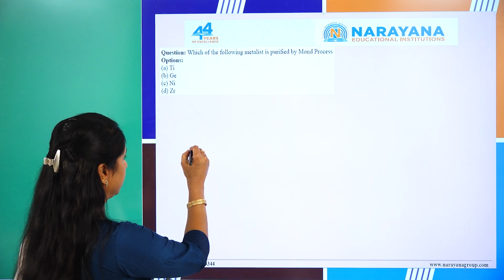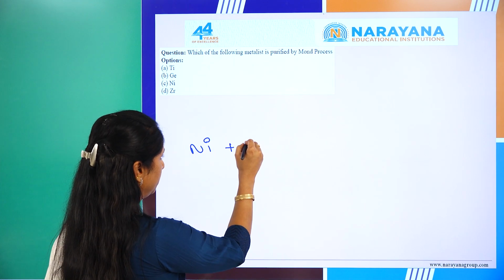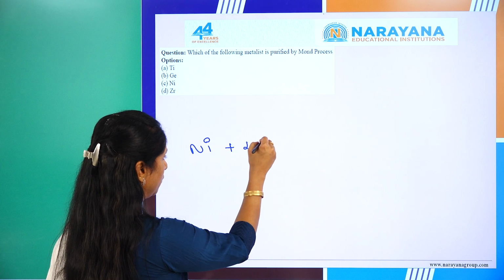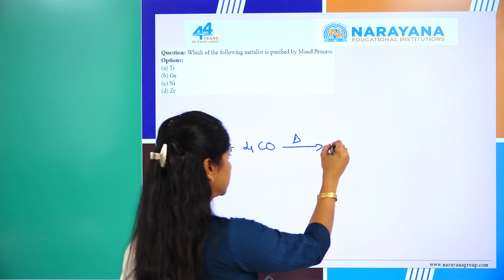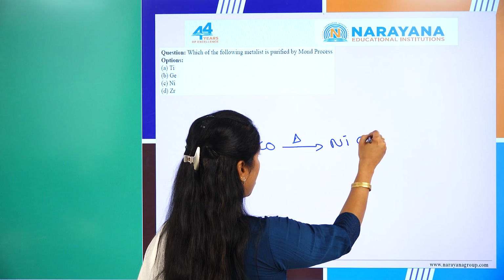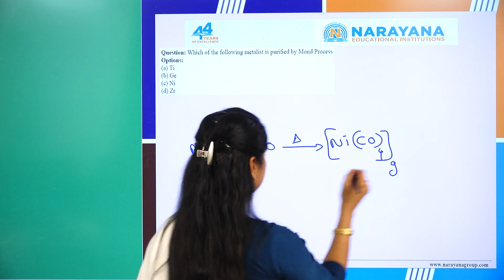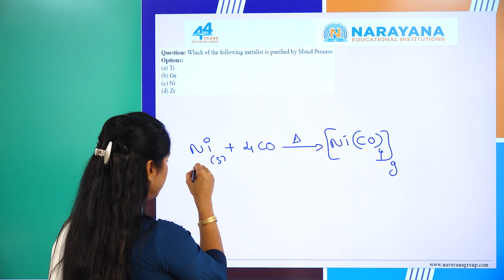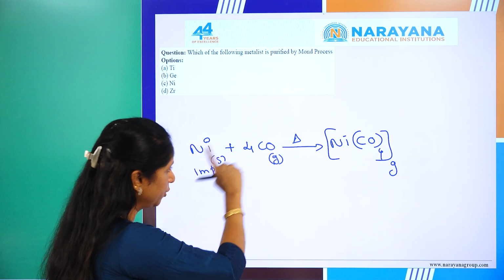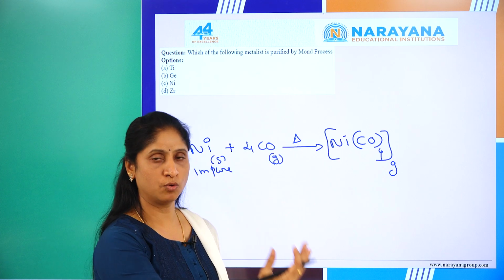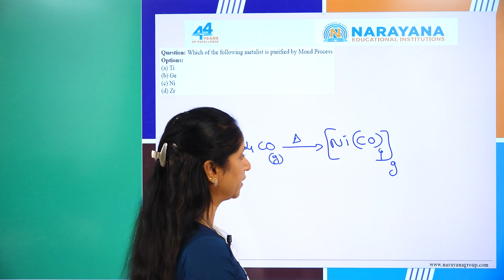So impure nickel with carbon monoxide on slight heating, approximately around 60 degrees Celsius, you will get tetracarbonyl nickel in the vapor phase. So I am starting with the impure nickel. Out of the impure nickel, only pure nickel combines with carbon monoxide to form the complex tetracarbonyl nickel(0) in gaseous state.